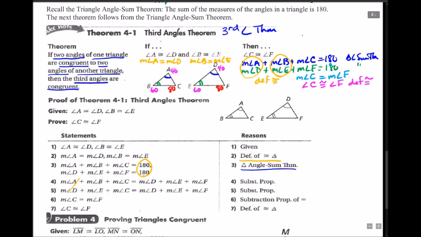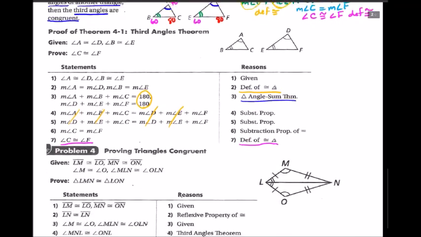And we're going to cross out A and D and B and E. And we're left with the measure of angle C equals the measure of angle F, which means that our angles are congruent by the definition of congruence. So that's the proof that we just did up above. So it's all good. Pretty simple proof there.